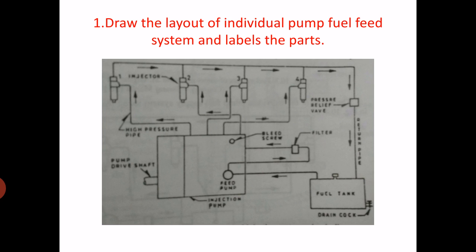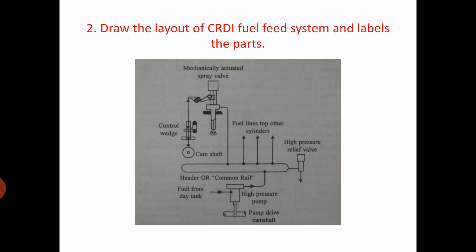These plungers are identified with a particular cylinder, and when these plungers pump, the fuel is supplied to the injectors, and as per the timing, fuel is injected into the engine cylinder, and excess fuel returns to the tank through the return line. That is the individual pump system.